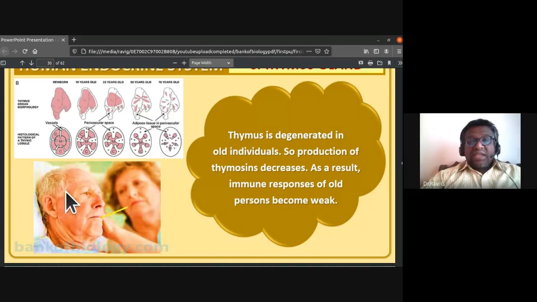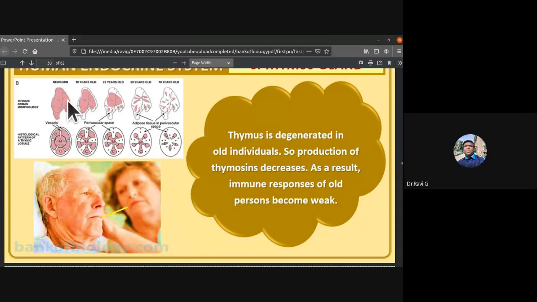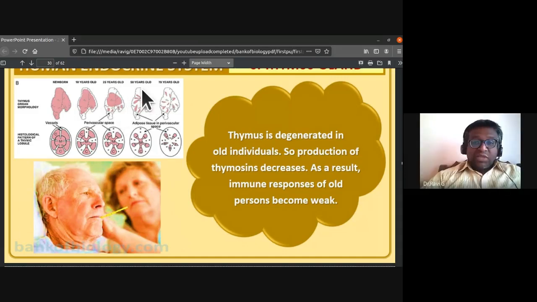As a result, the immune response of old people becomes weak. You can see that in a newborn, the thymus gland is very active. As they age 10 years, it gets reduced. In 25 years, it gets much more reduced.